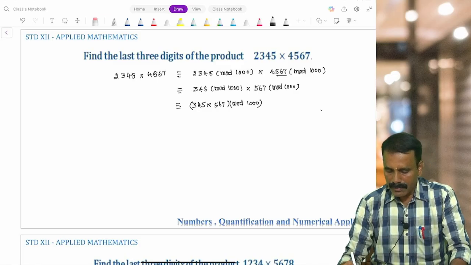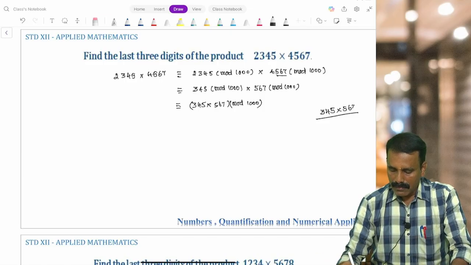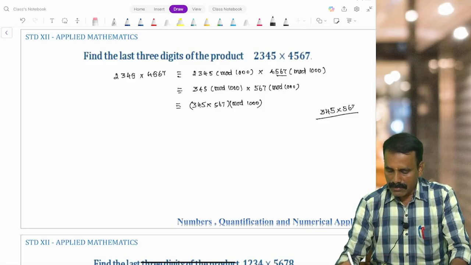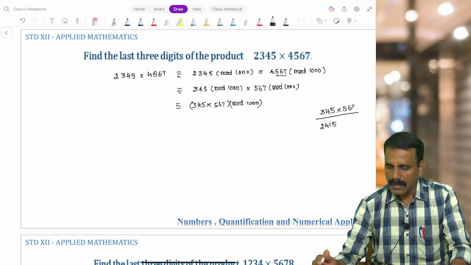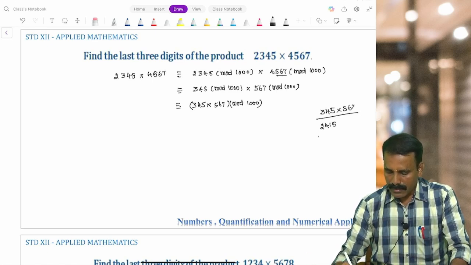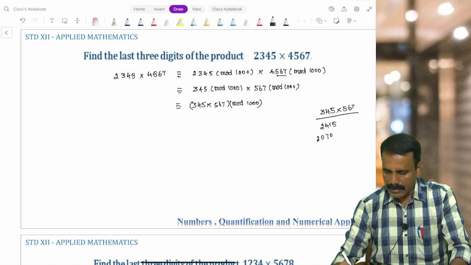So now we multiply 345 with 567. 345 multiplied by 7 gives 2415. 345 multiplied by 6 gives 2070, and 345 multiplied by 5 gives 1725.